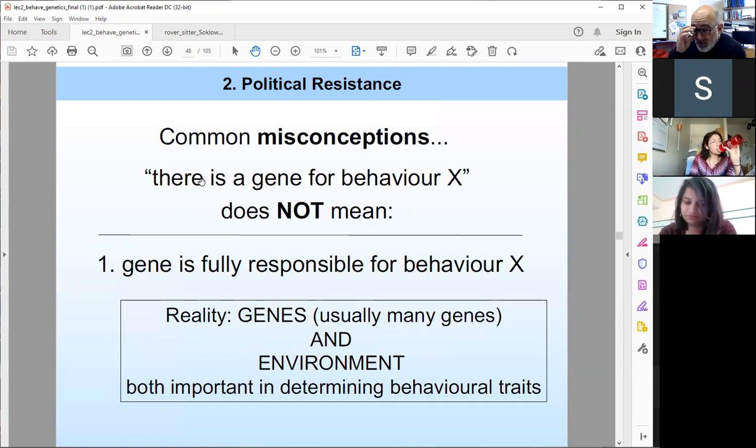Okay, so all to say, you hear the statement, there is a gene for behavior X, let's say intelligence, verbal ability, or emotional something. There is a gene for behavior X does not mean that the gene is fully responsible for the behavior. What that means is that some of the variation in the trait at the population level has a genetic basis.